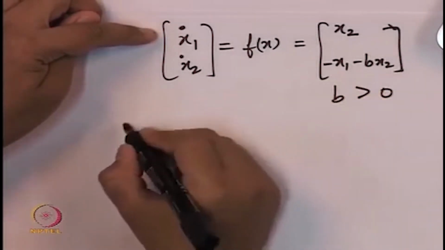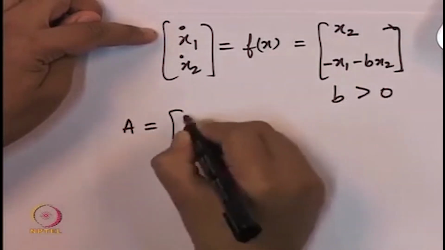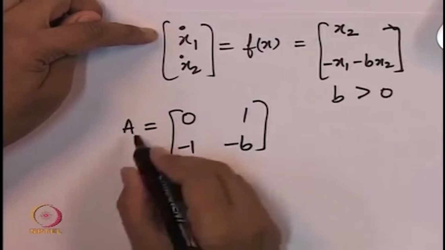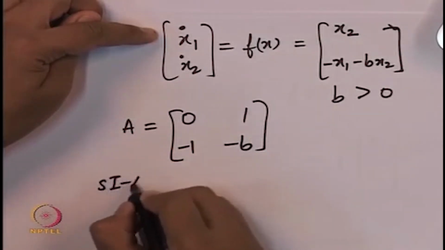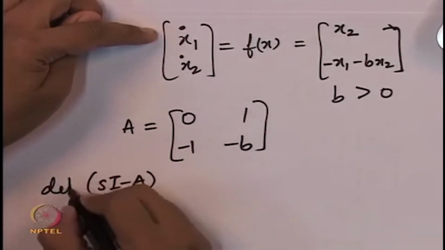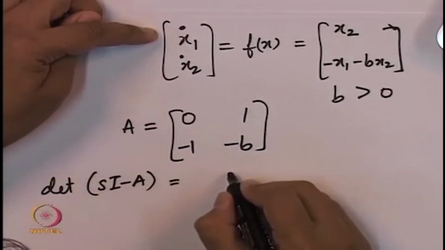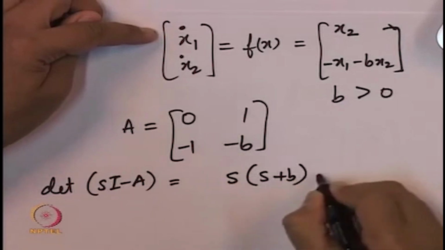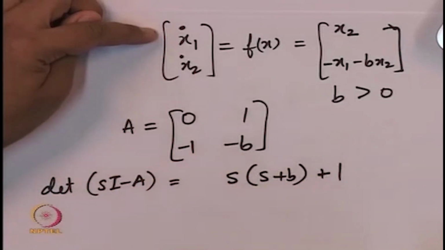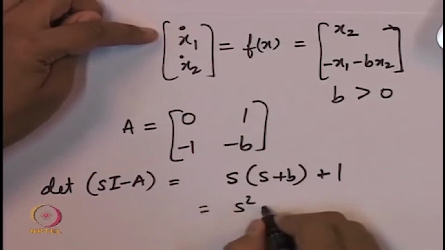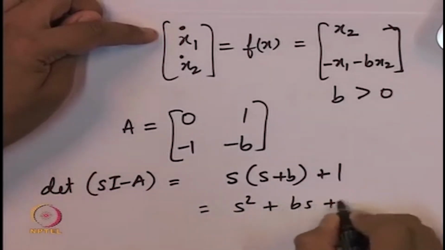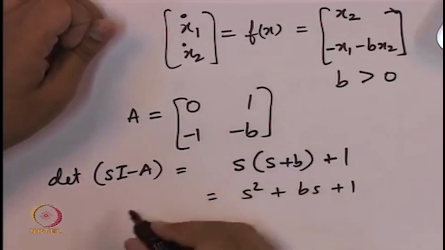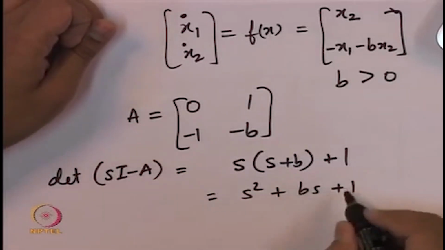Let us check. That matrix A we had got was equal to 0, 1, minus 1, minus b, and now when we do the determinant of sI minus A, we get s times s plus b, plus 1. This is equal to s square plus bs plus 1. So, what are the roots of this equation?